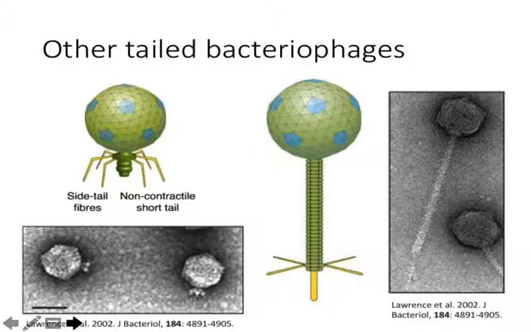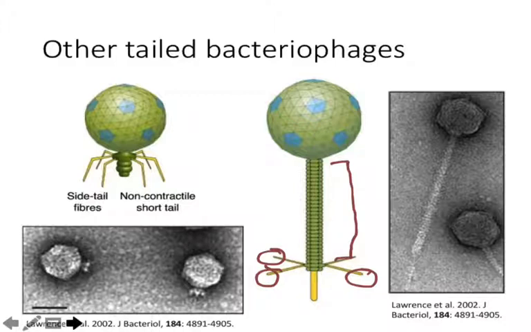This tail here on the Siphoviridae is somewhat flexible. These here represent the tail fibers. The Podoviridae, on the other hand, that tube is pretty short, not very flexible. I think these are the funniest looking of all of them.